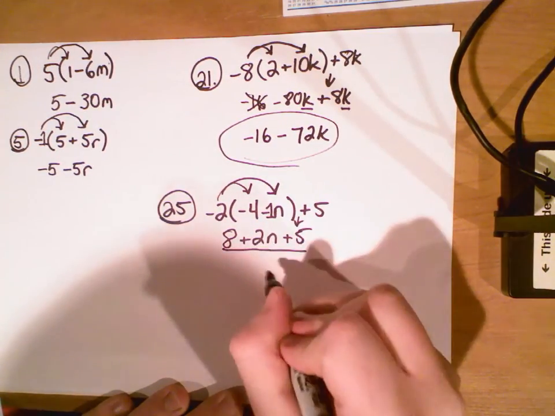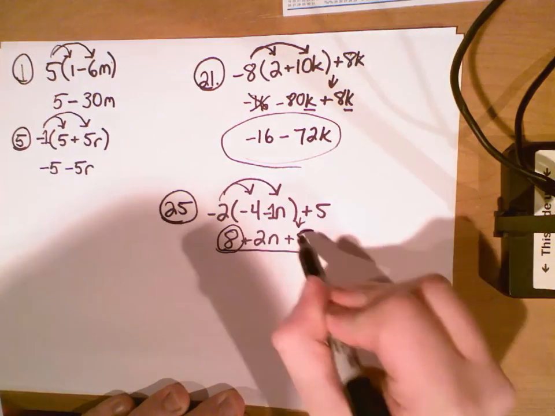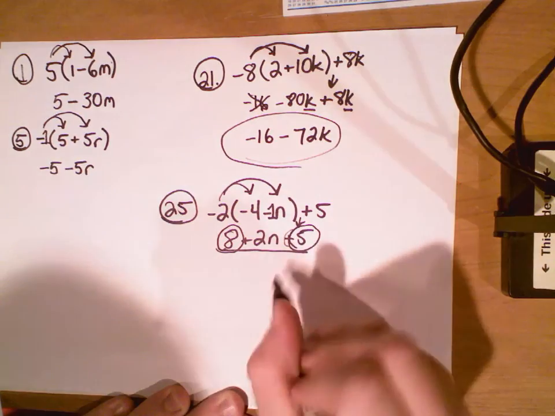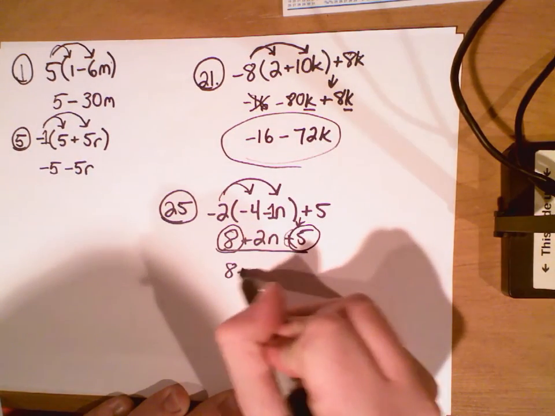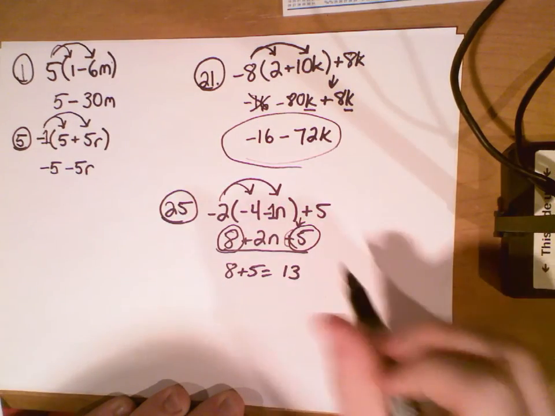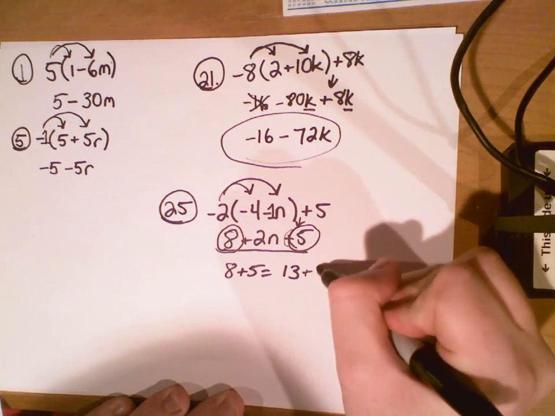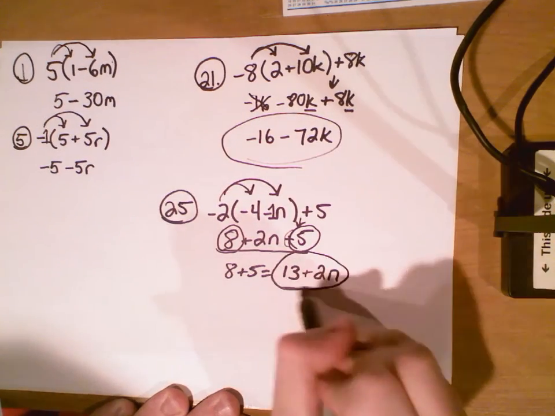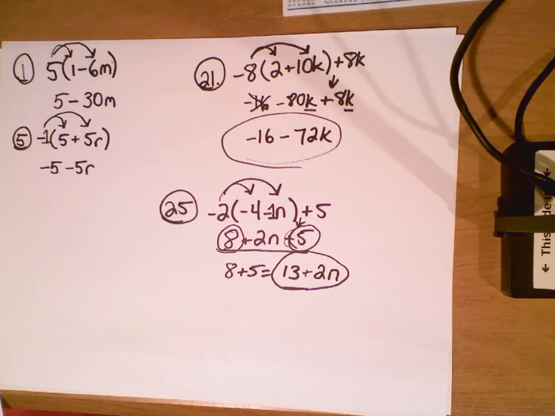The two numbers that I could combine, I circle them because I know I could combine them, and I keep the sign with it. So 8 plus 5 equals 13 plus 2n. Your final answer is 13 plus 2n.